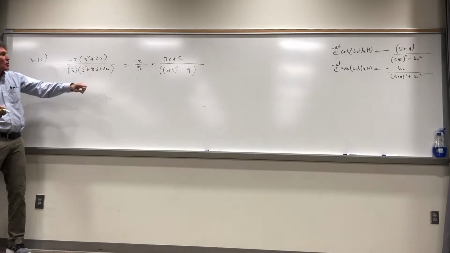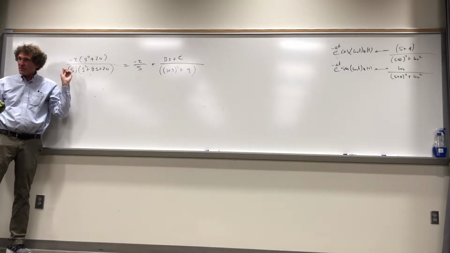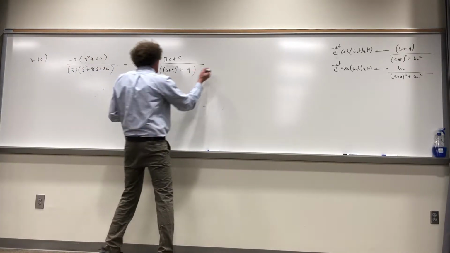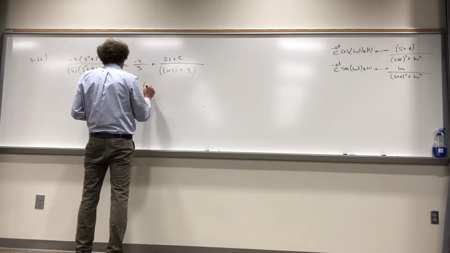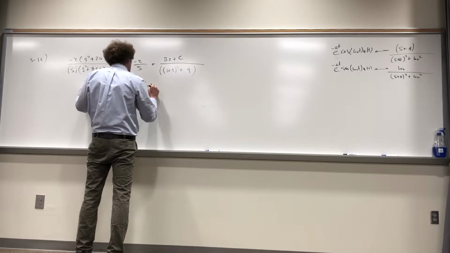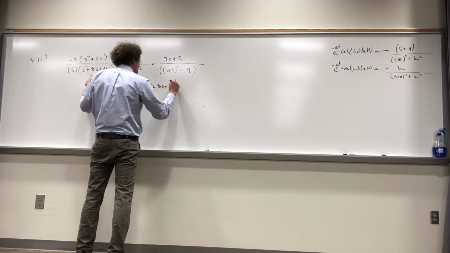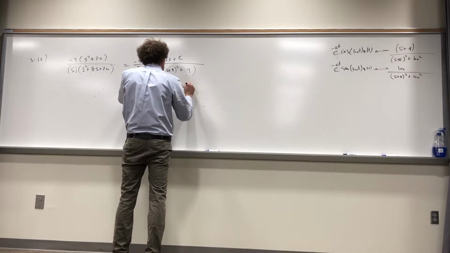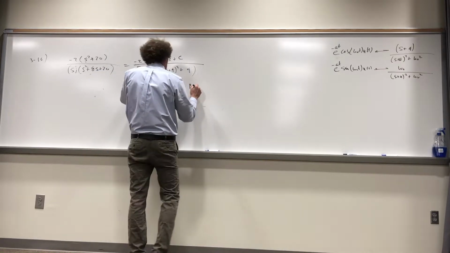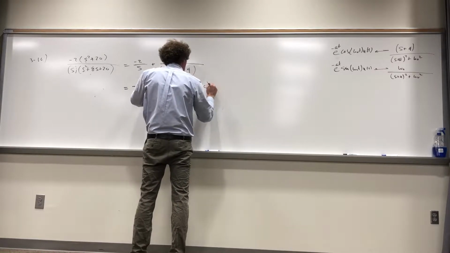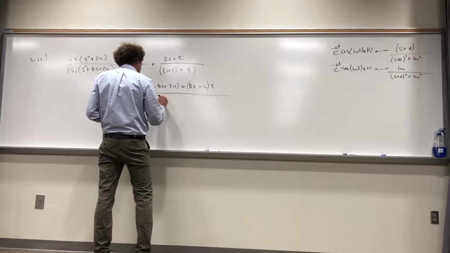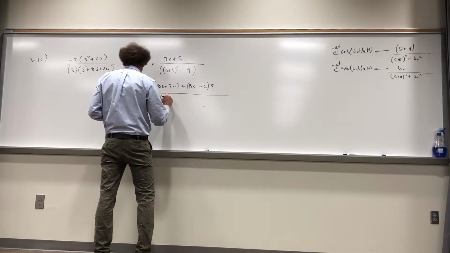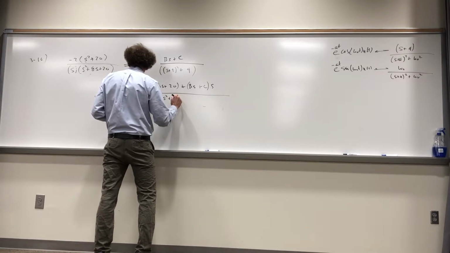Or what you can do is equate coefficients. And it's easier to equate coefficients on this one. Do you all see this, class? So let me go ahead and do that. This becomes minus 2 times the quantity s squared plus 8s plus 20, plus bs plus c times s, all over s times the quantity s squared plus 8s plus 20.